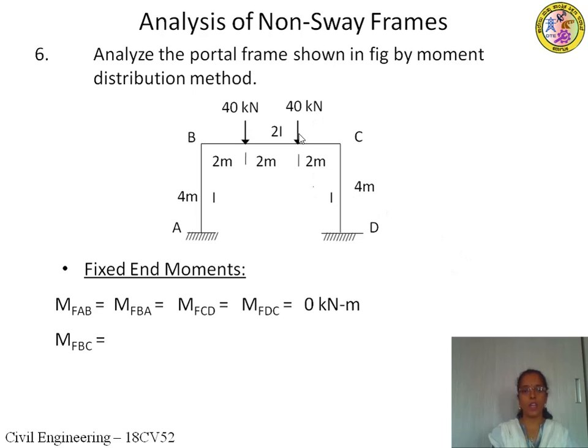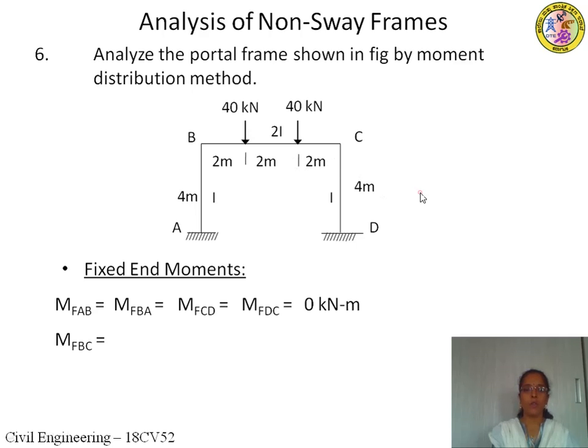Let us take the first load as W1 and the second load as W2. The distances from the left end for W1 are A1 and B1, and for the second load W2 they are A2 and B2.